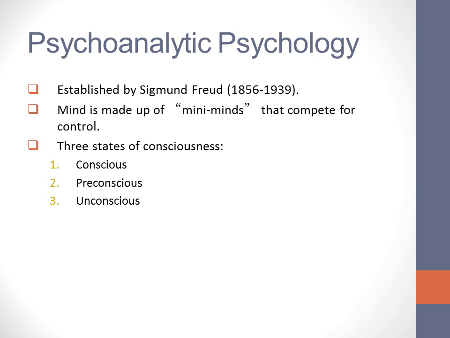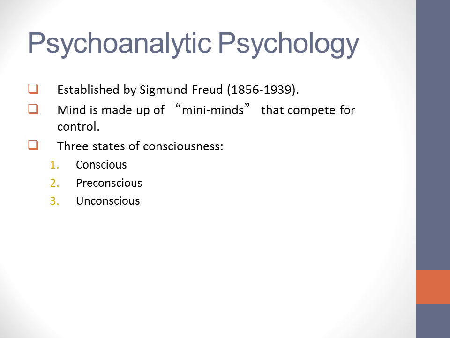And so he believed that there are a lot of different little components of the mind that are competing for control, and that sometimes our control is conscious, something that we voluntarily will, but a lot of times the things that we do, our behaviors, are governed by things that are unconscious.